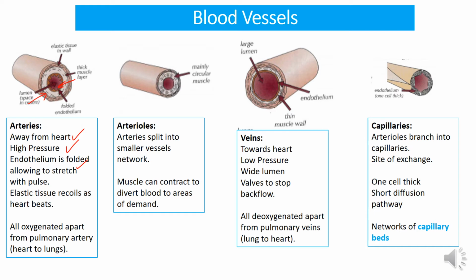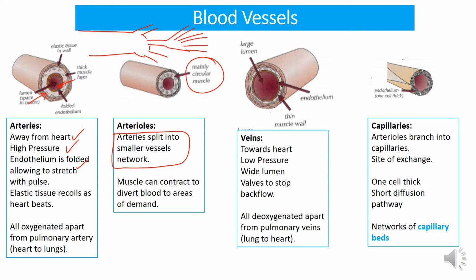So the arterioles are when the arteries split into a network of smaller vessels, and one of the key adaptations of the arterioles is that the muscles in the arteriole wall can contract, and that can constrict the arteriole, preventing blood flow through certain arterioles. Now imagine you've got one artery and that splits into several arterioles. One arteriole then will split into maybe thousands of capillaries.